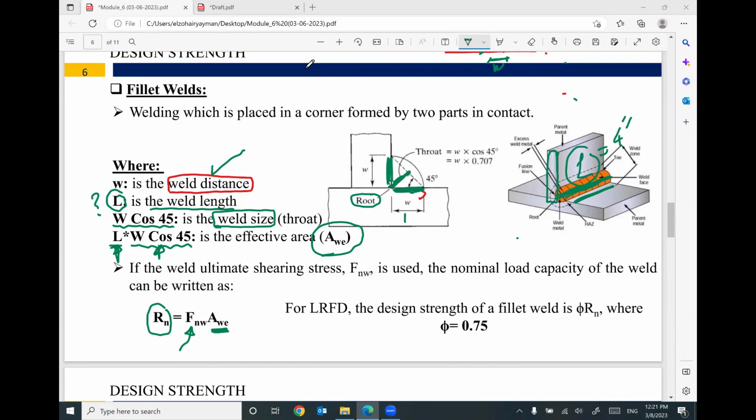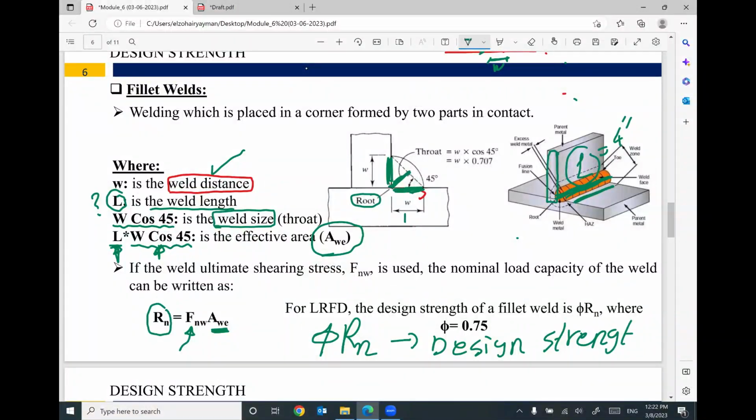So if you multiply this area A_WE by FNW, I will show you what is the meaning of FNW, you can find the nominal strength. This is the nominal strength of your welded connection. So you need to multiply this Rn by phi to get the design strength.